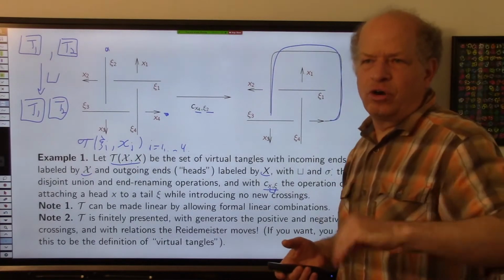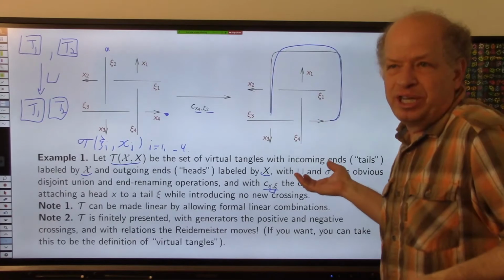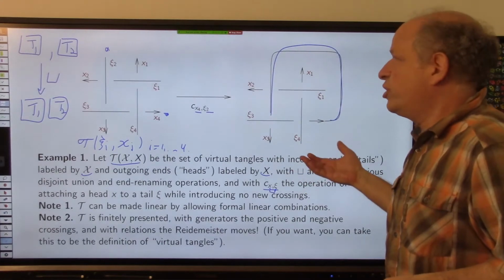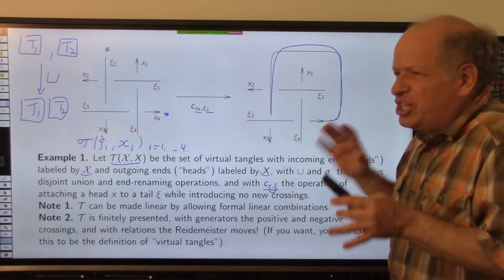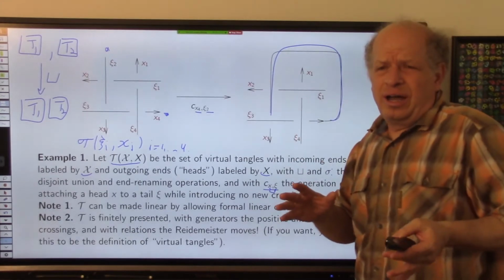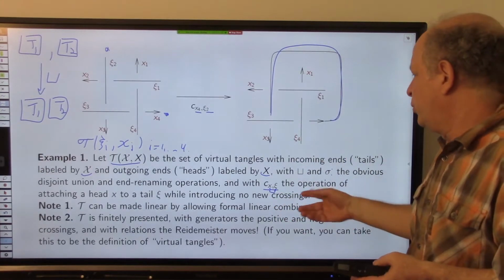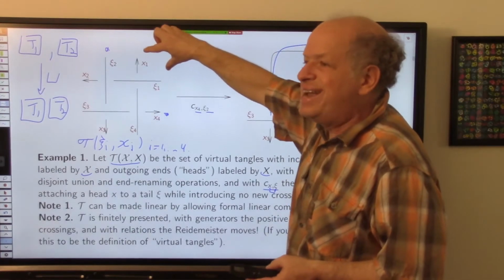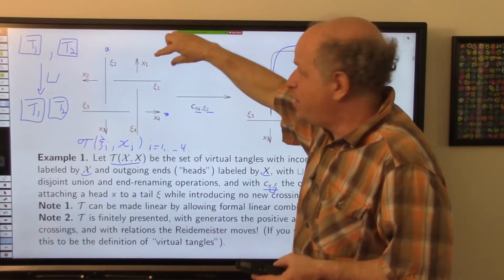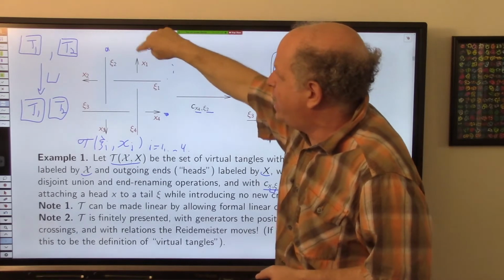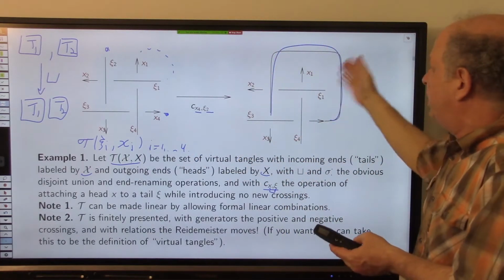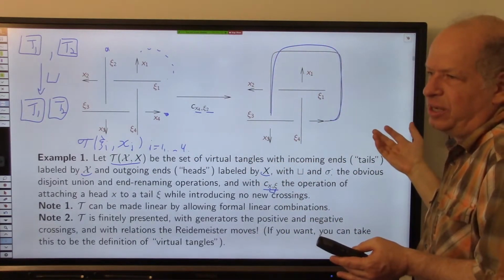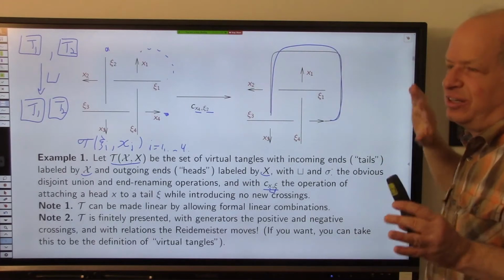If you know virtual tangles, you know what it means. If you don't know virtual tangles, then my definition is a little bit wrong because you will have to insist that the contractions occur only between neighboring things, because only then does it make sense to connect without possibly crossing other things. But again, ignore this technicality.